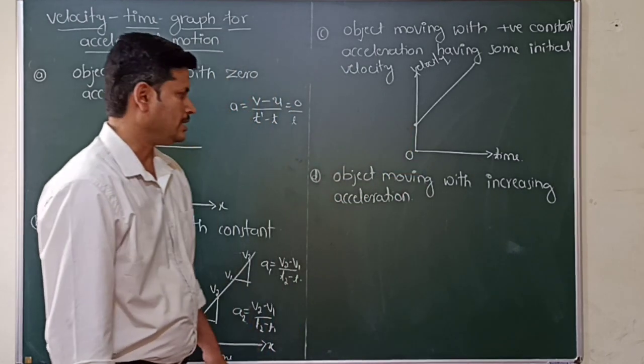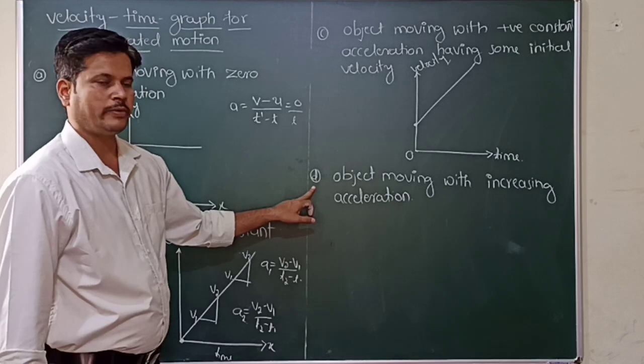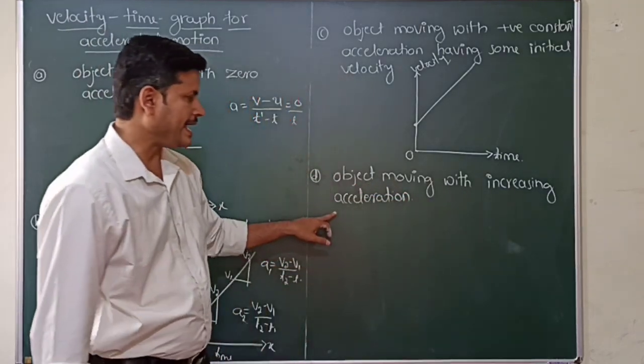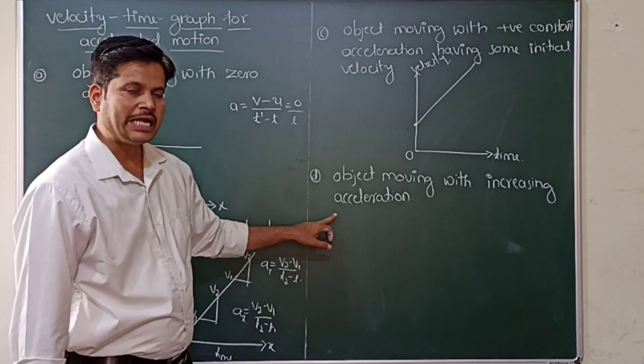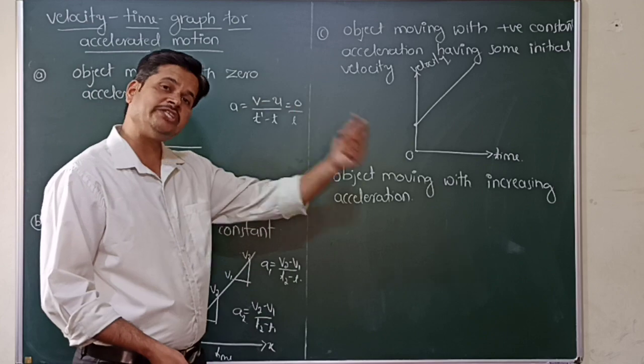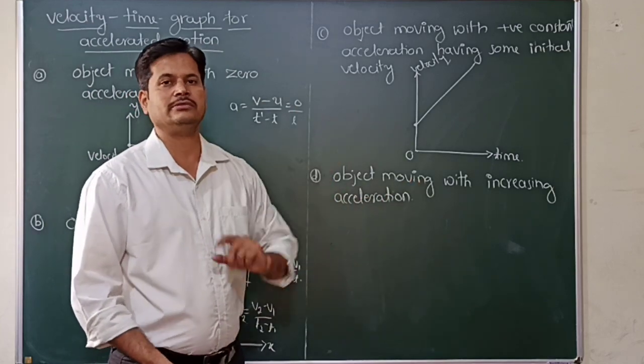Okay. Now look at the fourth one. Object moving with increasing acceleration. That means there is a change in the acceleration, but that change in the acceleration is constant.